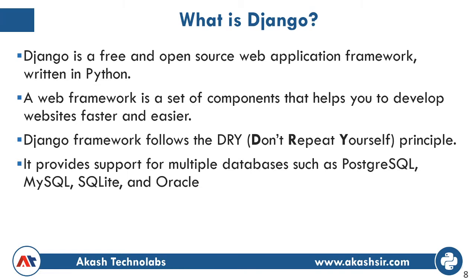And Django framework follows the DRY concept, means you don't have to repeat yourself every time in the code, right? And it provides support for multiple databases like PostgreSQL, MySQL, SQLite, and Oracle. So we can say we can connect any database in Django, right?